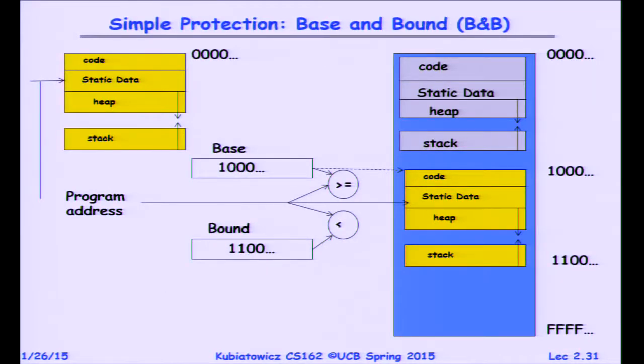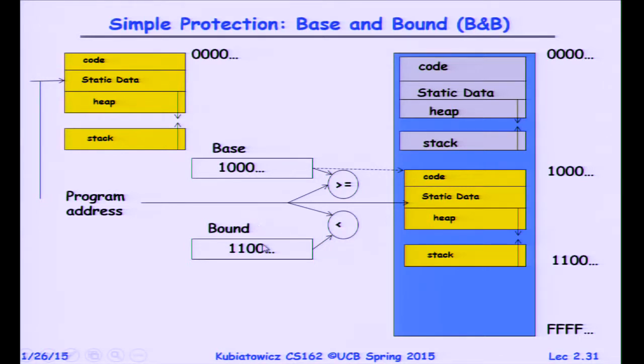So let's talk about this. This is what's called a base-and-bound style protection, B&B. It's not bed and breakfast, okay? I know you're all hungry. But the idea is there is a base register and a bound register, and the base register says the current thing that's running is not allowed to have any access to memory below the base.